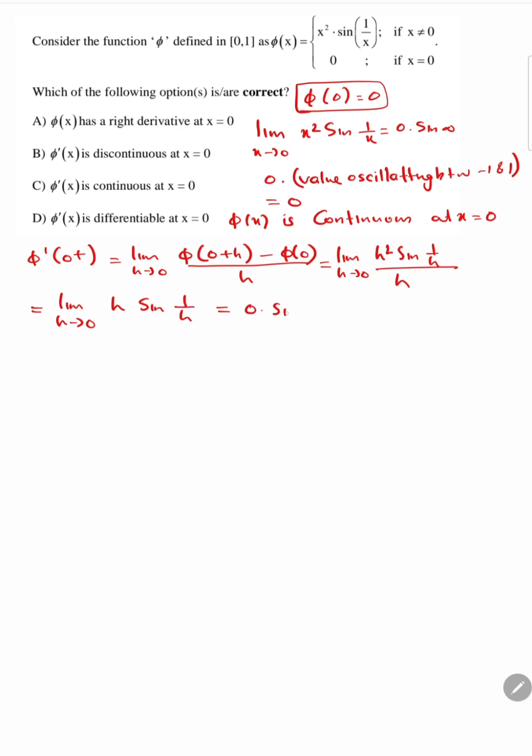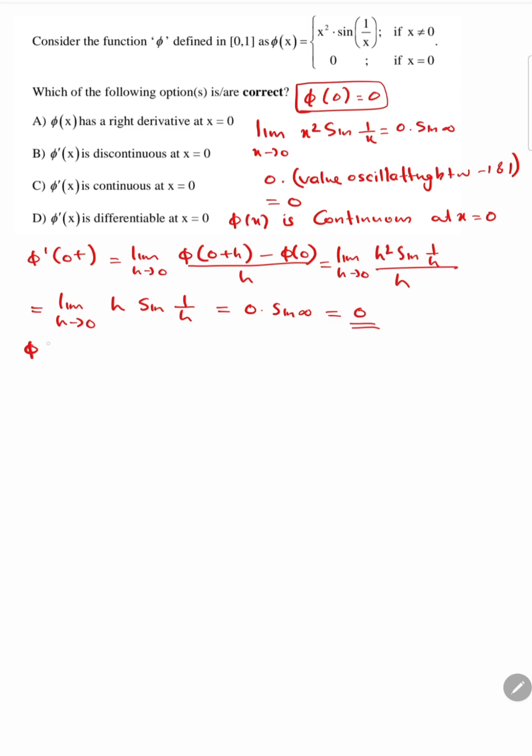This is also the same as 0 into sine infinity, which is again 0. Actually writing sine infinity is not a proper way, but I am writing it for our own understanding, since this is an objective paper. So RHD we got, which is 0.